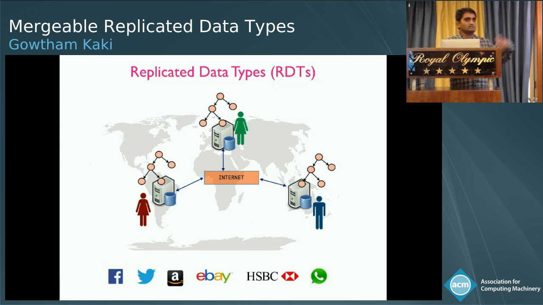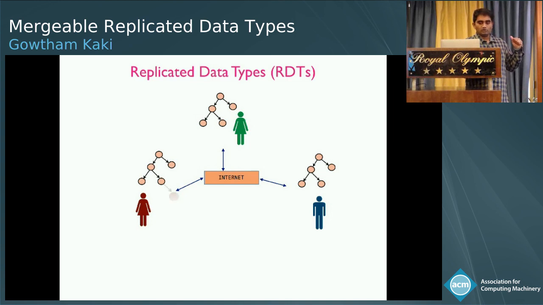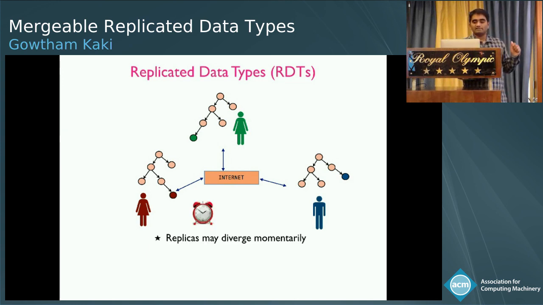And since the goal of replication is to ensure independent and simultaneous progress at various locations, these replicas of data structures need to accept user requests and updates independently. So momentarily these replicas may diverge.